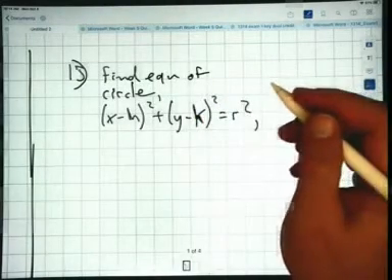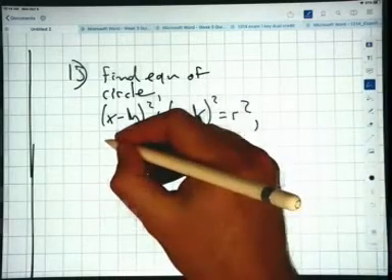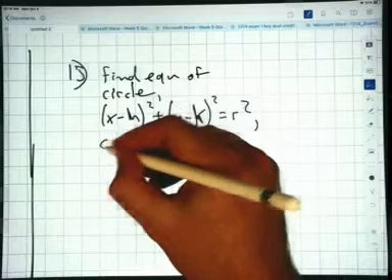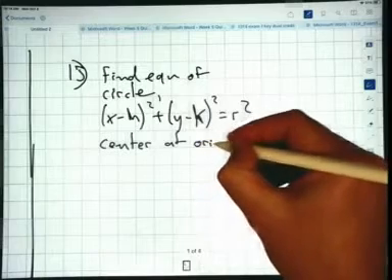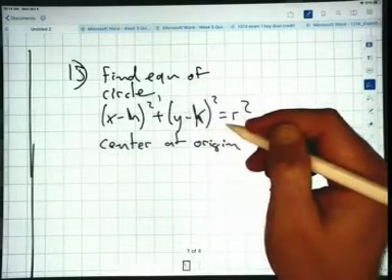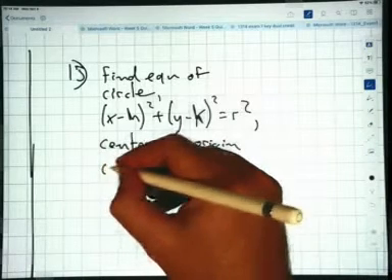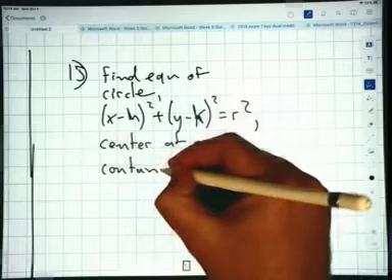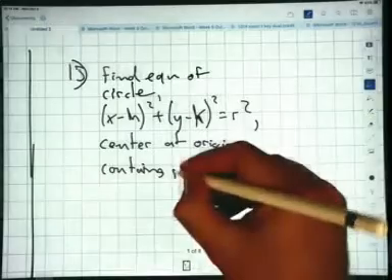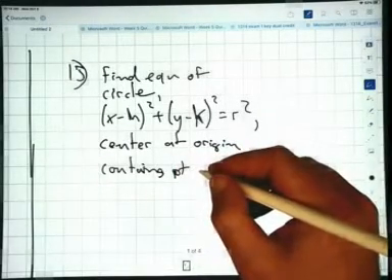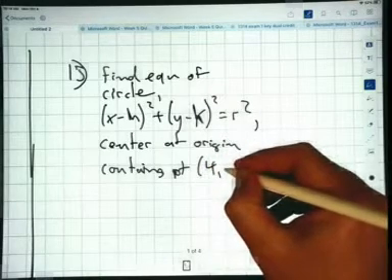Find the equation of the circle with the center at the origin, and it contains the point 4, negative 2.